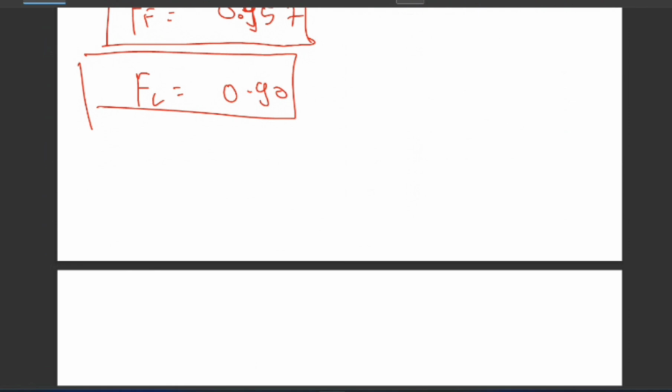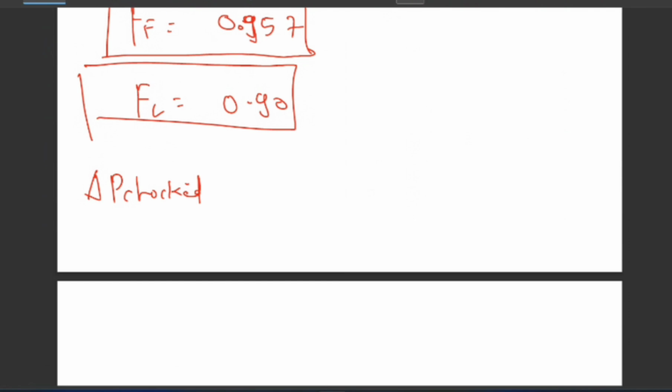Sometimes ready references are available in the market. So the choke flow is 0.90 squared times (11.013 minus 0.957 times 0.032).